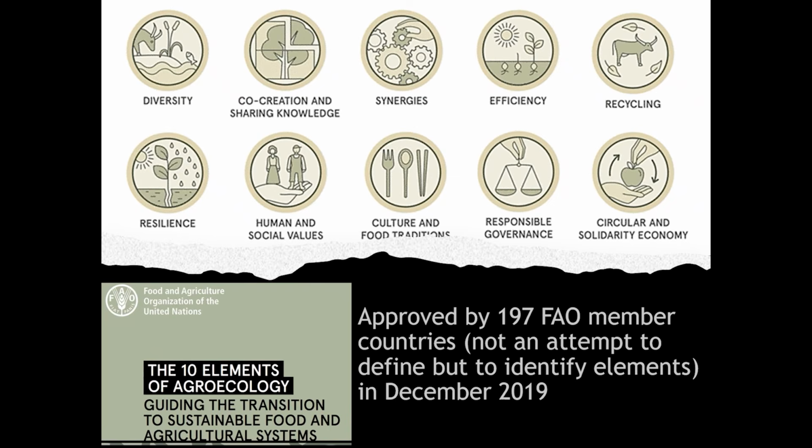So if you want to get more information, you can go to the publication that is freely available on the net. But we were able to interview Dr. Stephen Gleisman, who was with the University of California, Santa Cruz Agroecology Center for a long time. And here are some of his comments in the next clip.